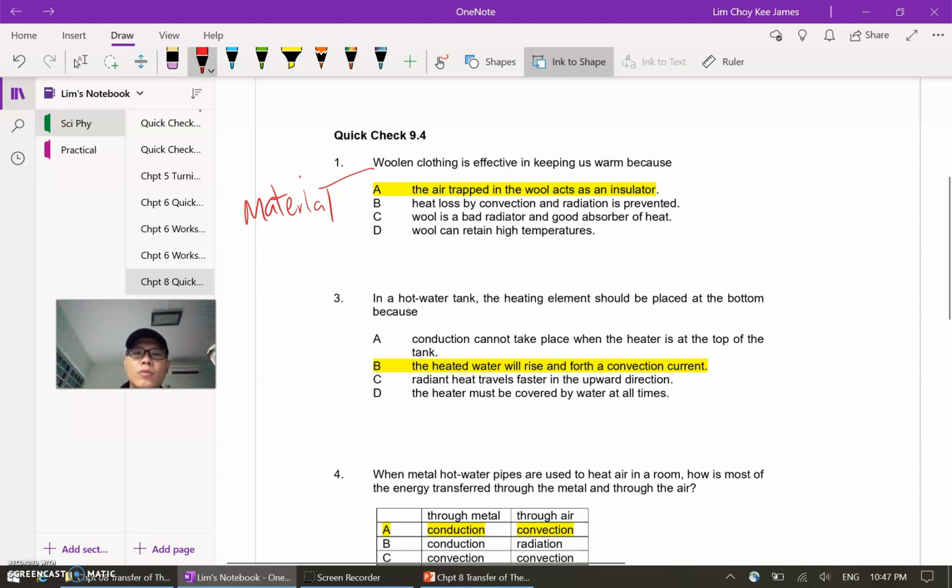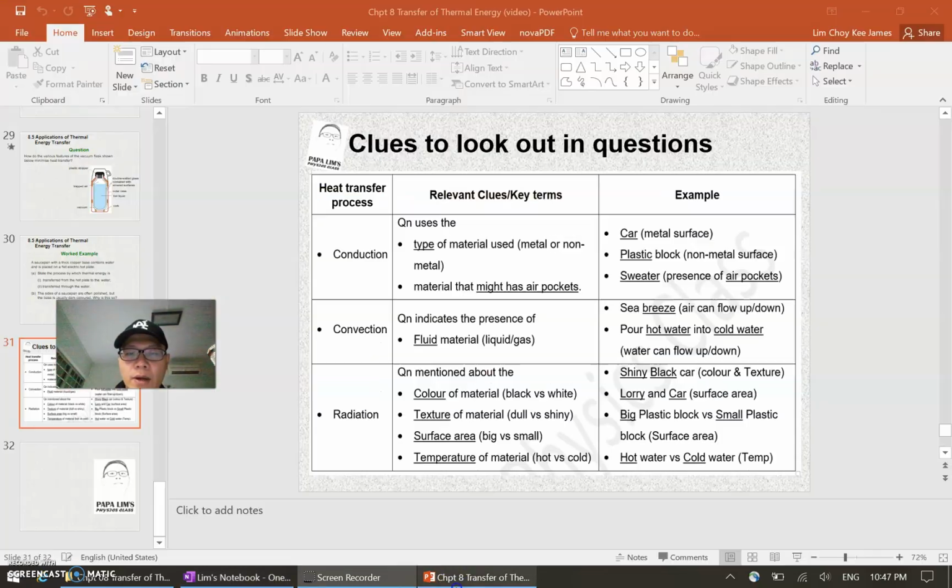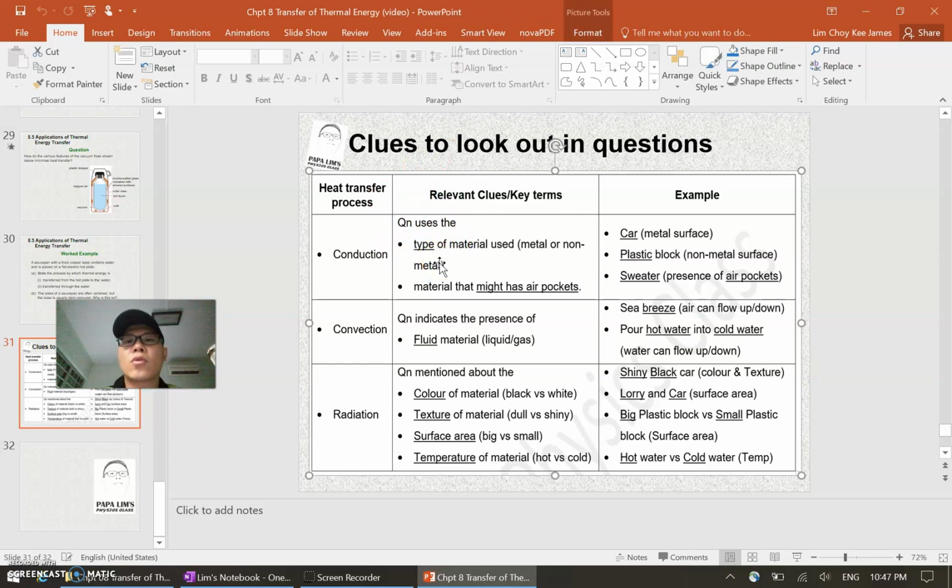If you look back to the clues and key terms that I highlighted in the previous video, you will find that the type of material is commonly used as a clue to highlight a certain process, and that process is known as conduction.